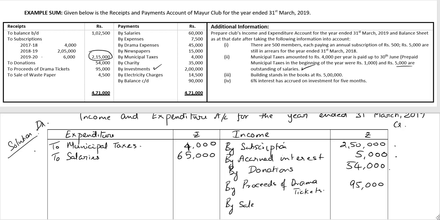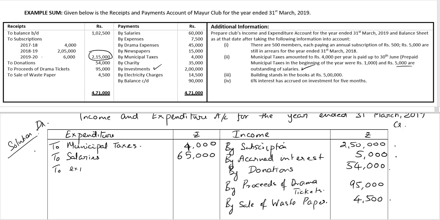By sale of waste paper, 4,500 rupees. We'll move on to the payment side. To expenses, 7,500 rupees. To drama expenses, 45,000 rupees. To newspapers, 15,000 rupees.